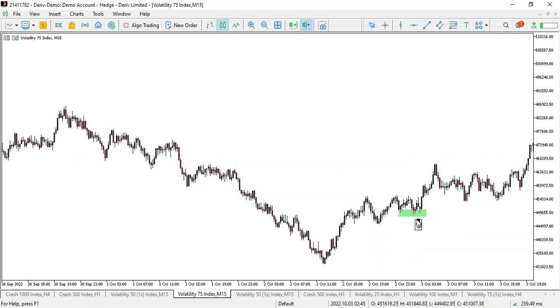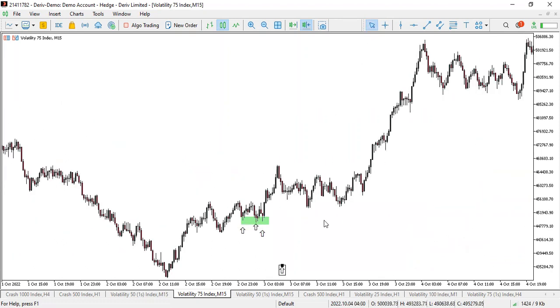How many retests did we have? Three retests. So the moment we see many retests in this way, it communicates to us that sellers are starting to lose control because the buying trades entering the market are many. That gives us a nice confirmation that the market is buying.